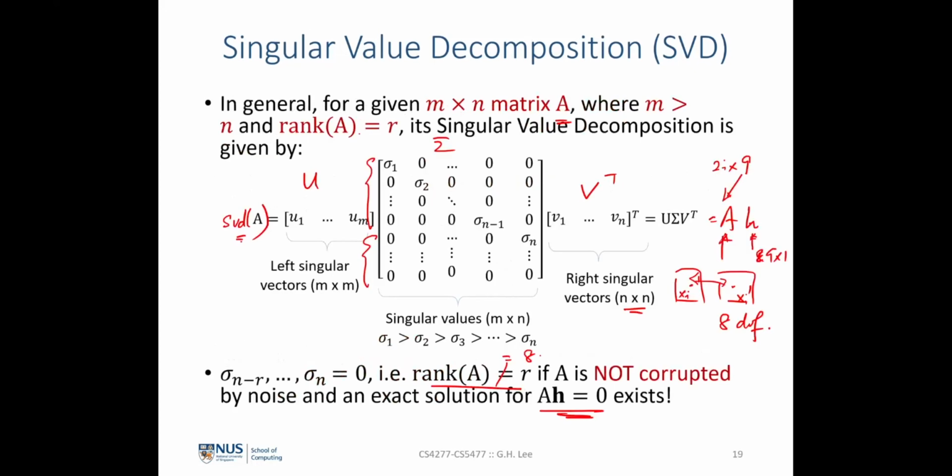In the previous slide, where the rank equals 8, or exactly R, the n minus r least singular values are all going to be equal to 0. But if the rank of A is not equal to R, then these least singular values are not going to be equal to 0.